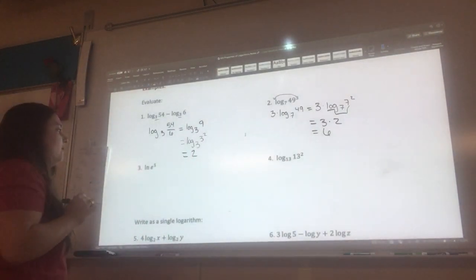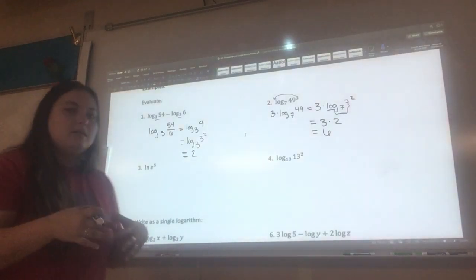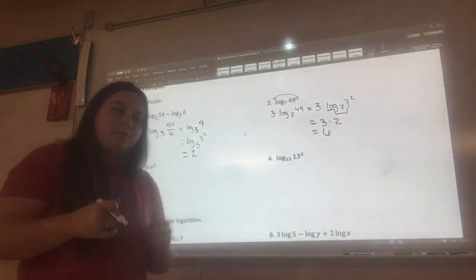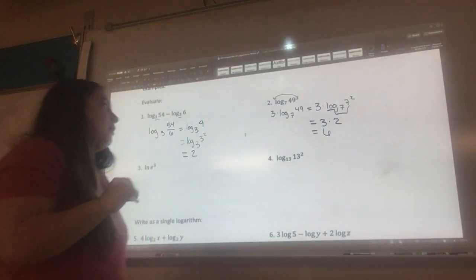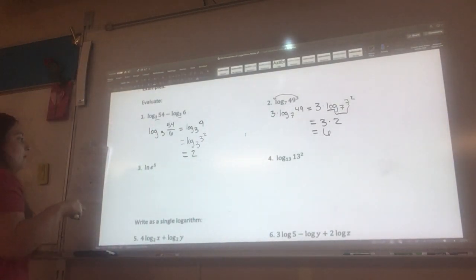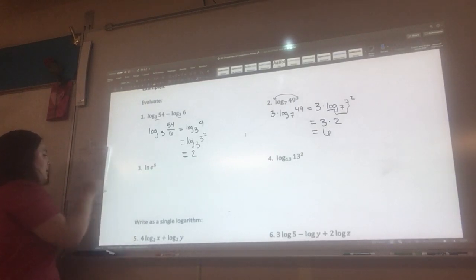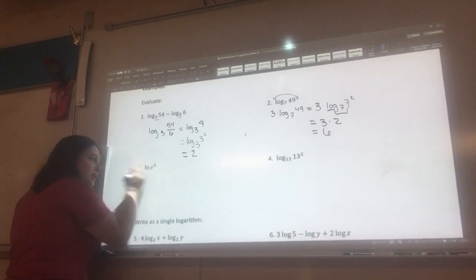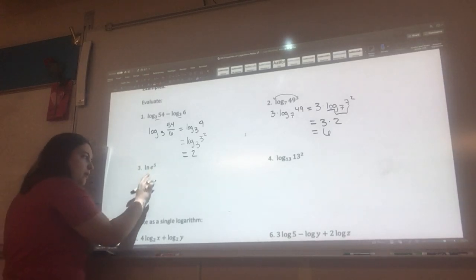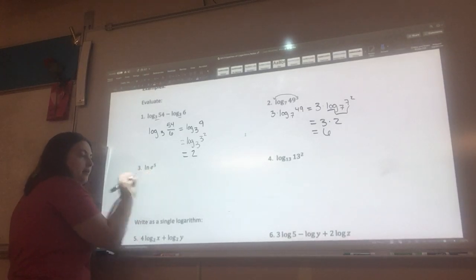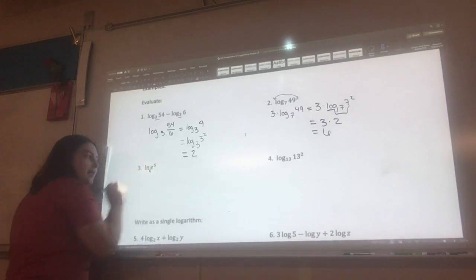All right. We're starting to see what's happening. I would like you to take a moment, pause your video, and see if you can figure out 3 and 4. Okay? I will continue though. Number 3 is a natural log with e to the 5th. What's that invisible base there? It's an e.